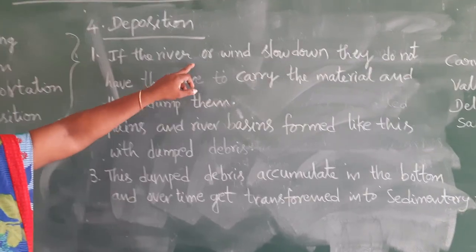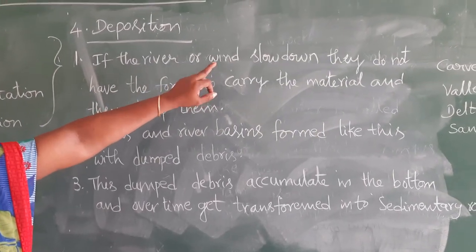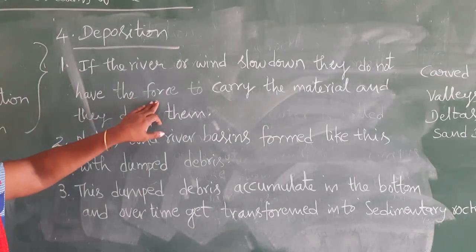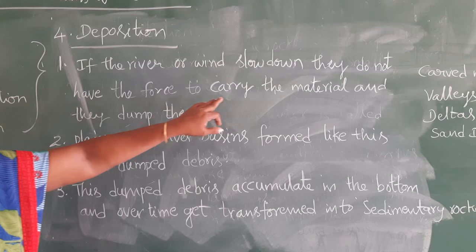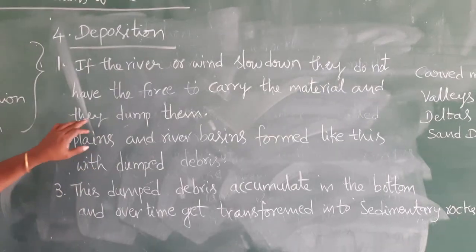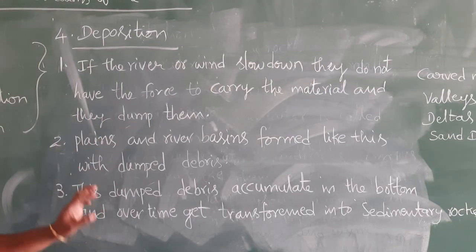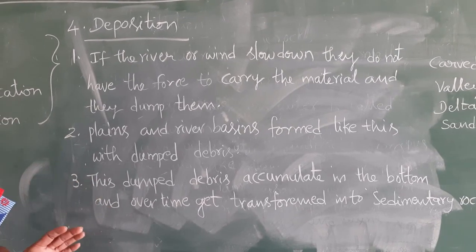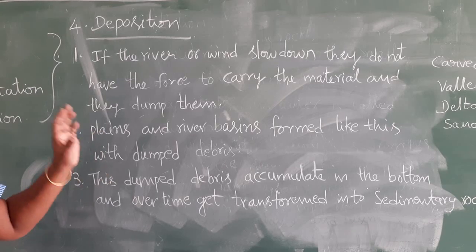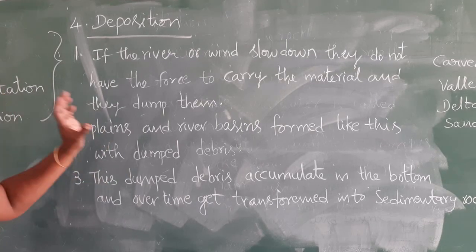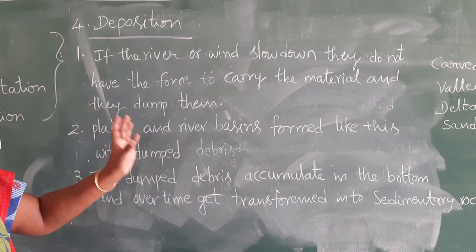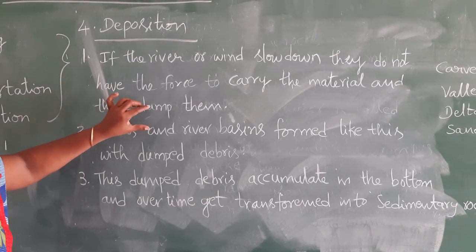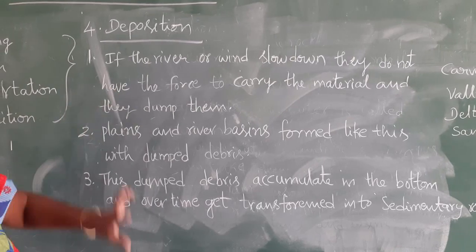If the river or wind slows down, they do not have the force to carry the material, and they dump it. If there is no force or speed of the water, what happens? The material moving along with the water is dumped where the force slows down.